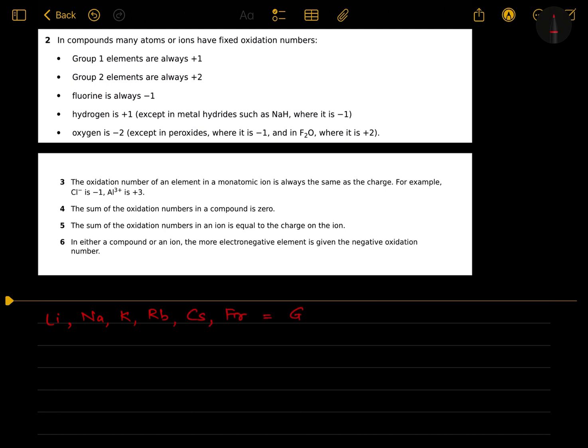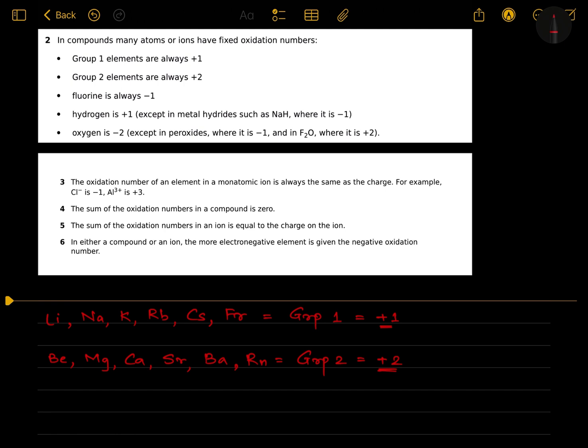All of these are group 1 elements, and they will always have an oxidation number equal to +1. Please remember this. Similarly, group 2 elements like beryllium, magnesium, calcium, strontium, barium, radon will always have the oxidation state +2.